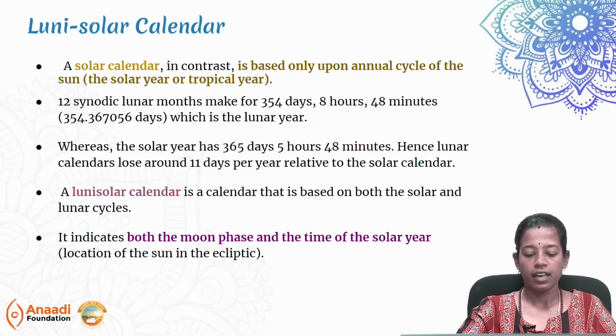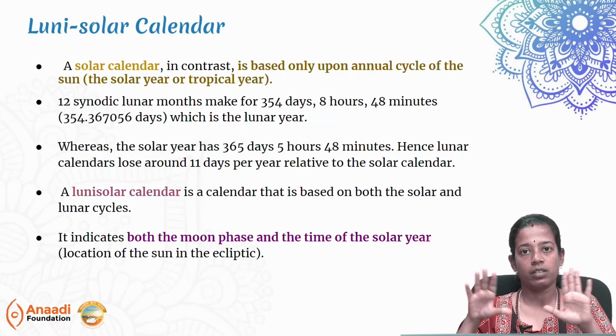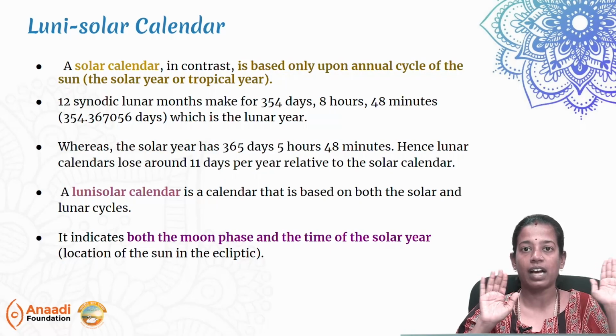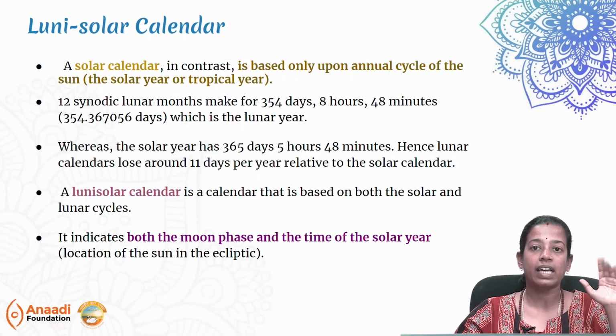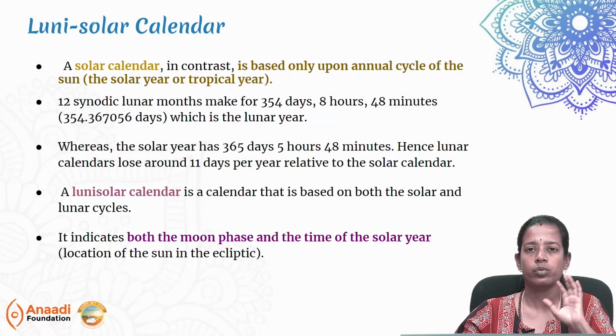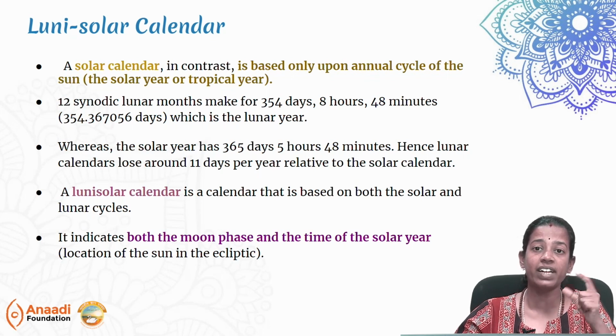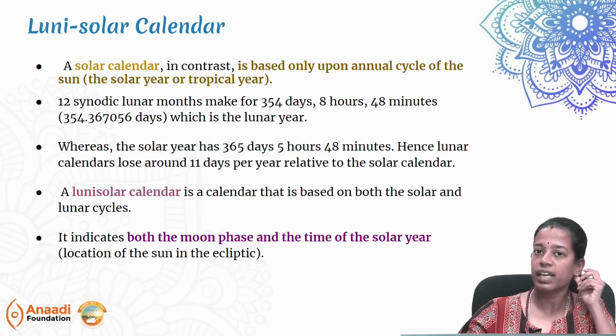Whereas, we can now see there is a difference. This is not equal to the time that we had proposed earlier. We said 365.24 something, so it is not even close there. So, hence in the lunar calendar, we lose about 11 days relative to the solar calendar, right.